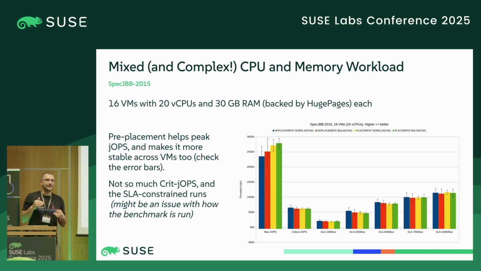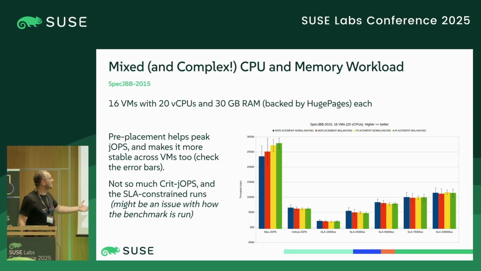But in the case of SPECjbb, it's not great yet, because there is a phase of the benchmark where the database is prepared, and then the actual benchmark starts, and what happens is that the start of the real benchmark operations is not properly synchronized among all the VMs, so the results are not really interesting.